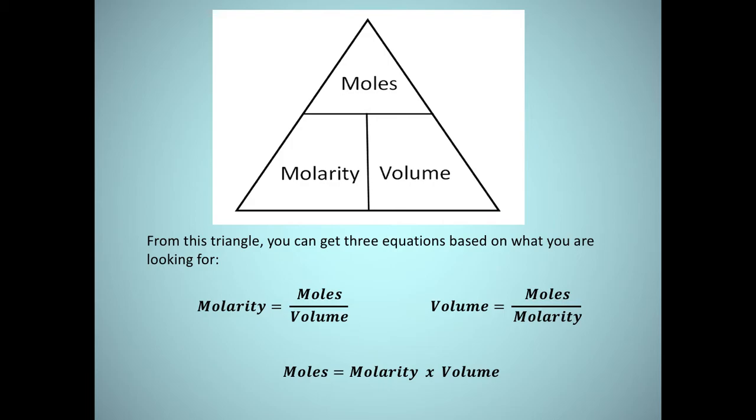If you remember how to do the triangle, you cover up the variable that you are looking for, and if the two resulting variables are on top of each other, you divide, and if they're next to each other, then you multiply. You should definitely remember this triangle. It will be given to you, so you do not have to memorize all three equations that you're going to use.